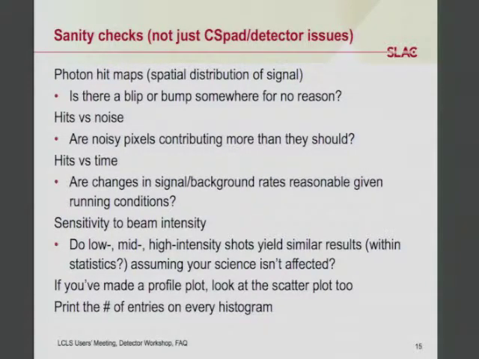If you're trying to be very careful about getting every photon and reducing your background, it makes sense to make sure that you're not getting more hits from noisy pixels than you ought to. So that's something to check. It's good to understand if your counting rates are reasonable given the running conditions.